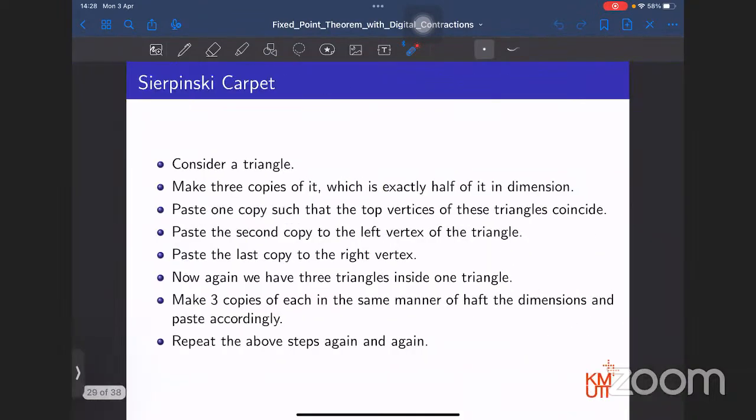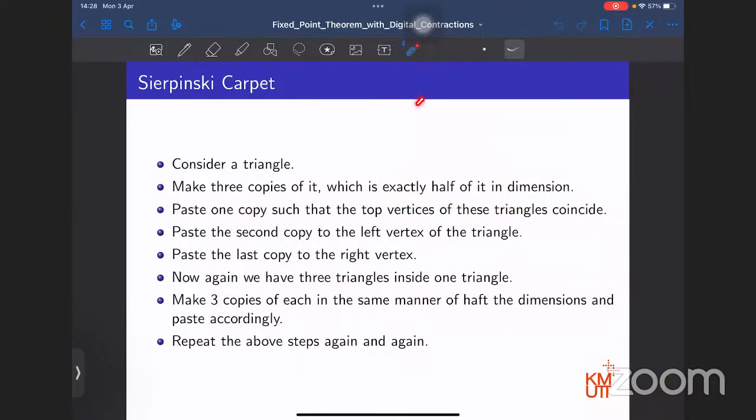The application is the Sierpinski carpet. I think some people haven't seen this, but I have some pictures to explain. The application is like you have one big picture, like a big triangle, and you make it smaller and smaller, adding detail to the triangle.